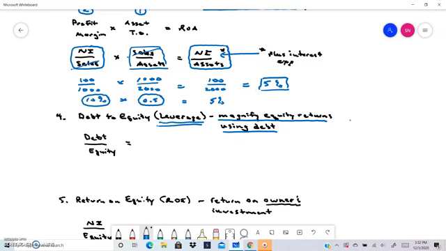So a good example of that is if you bought a house for $100 and you borrowed or took out a mortgage for $90, then your equity, or the money that you would have to put in, is only $10. So you'd have to put in $10. Let's say that the home went up by 10%.